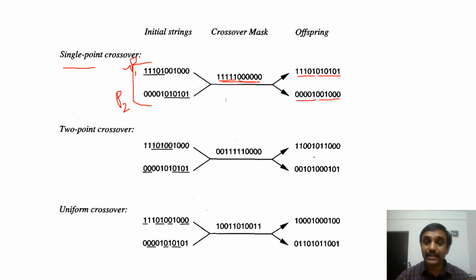That depends on the crossover mask we are taking. There, how they are represented: only two parts, ones and zeros. All ones in one case and the remaining zeros are placed as a second group.